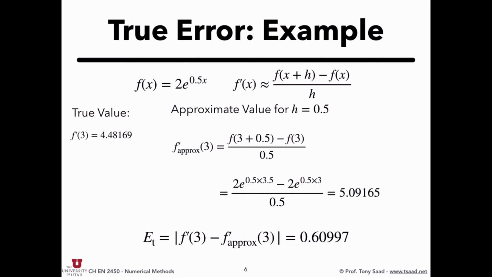Now, from calculus theory, we expect that as h approaches 0, remember the definition of the derivative is the limit as h approaches 0 of this formula. So we expect that as h shrinks, the error is going to also shrink.